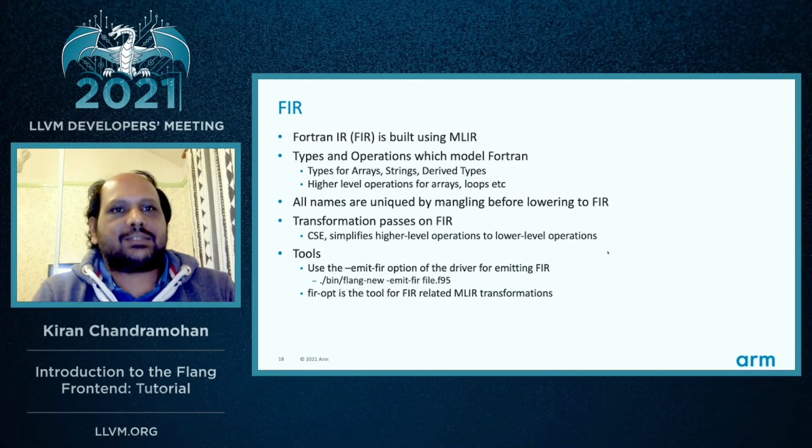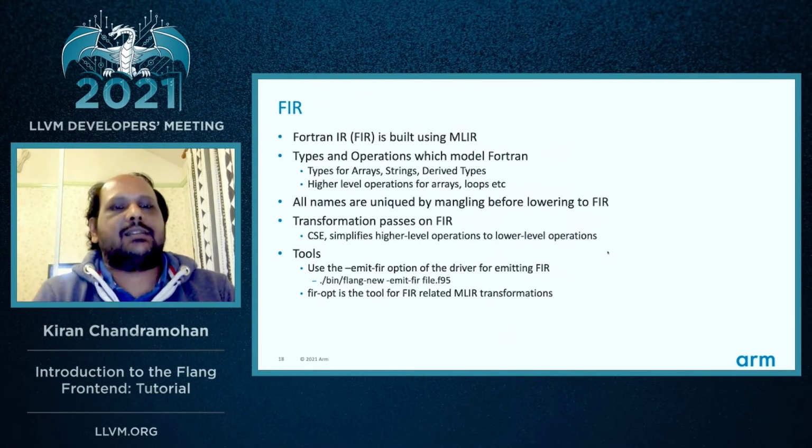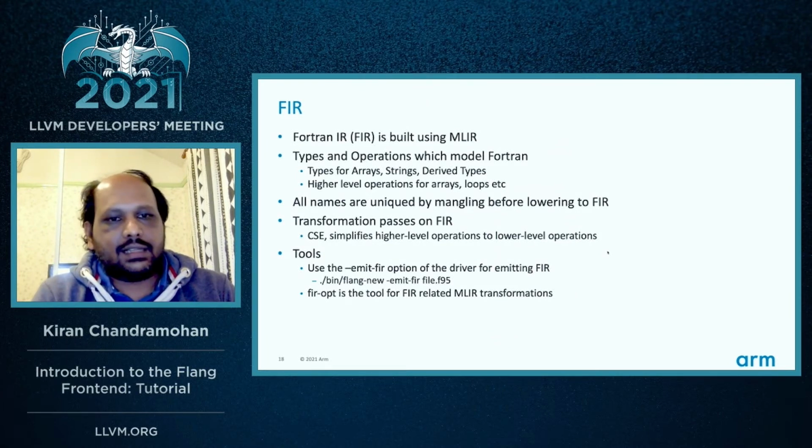There are also a lot of transformation passes on FIR. These include simple things like constant sub-expression elimination. These are improvements over the basic MLIR constant sub-expression elimination. It also contains a lot of passes which simplify higher level FIR operations and convert them to lower level operations.